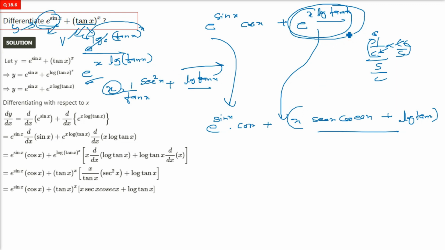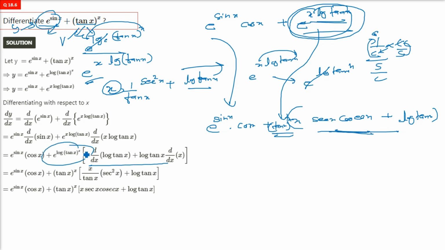That is how you can do it, and you can do it separately also, taking u and v, du by dx and dv by dx, and then just adding them. So finally this is the result. This is tan x to the power x, which I started earlier.